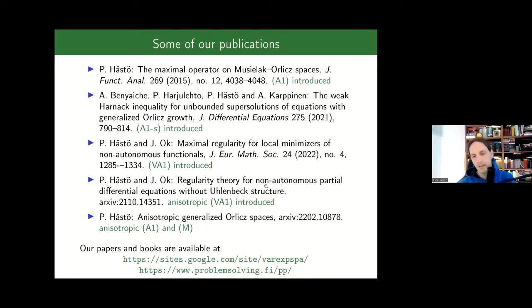And then once we continued to develop that, we obtained this anisotropic version of it, although for the regularity we could only use it in the case of quasi-isotropic functionals. But the condition itself was actually already fully anisotropic. And so in this final paper from earlier this year, I was then able to use that condition in this generalized Orlicz space setting.